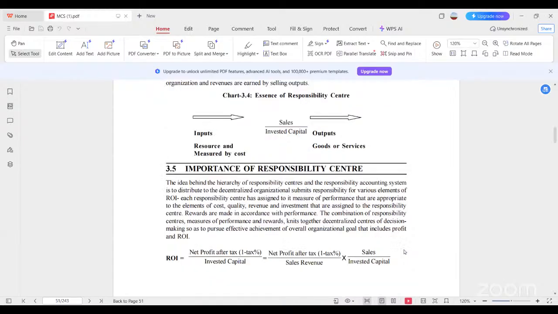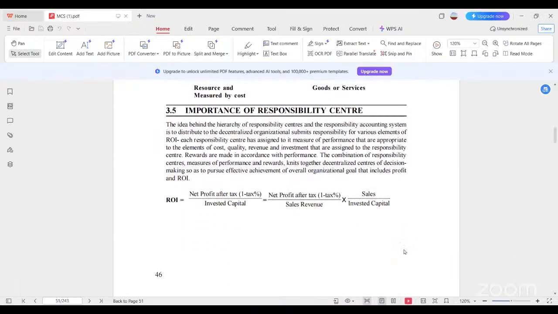Now, next is the importance of responsibility center. The responsibility center, as I told you, is not just a unit of work. It is a key tool for management control and accountability.